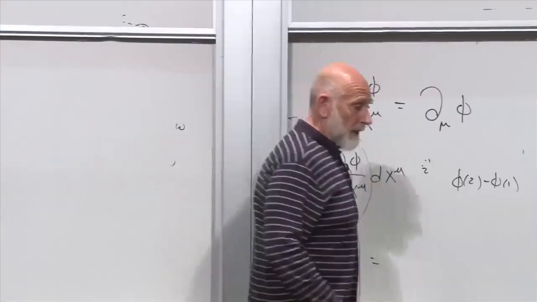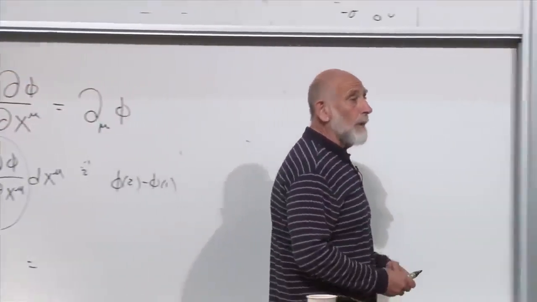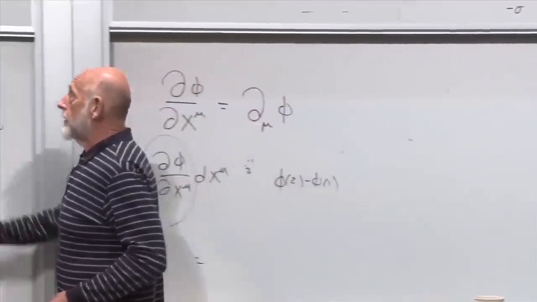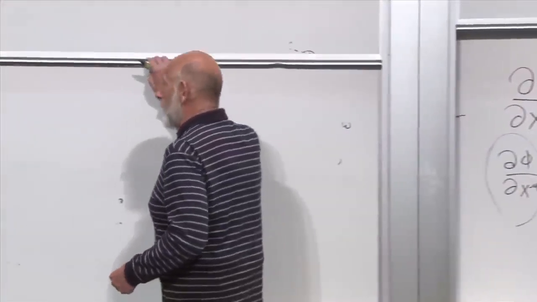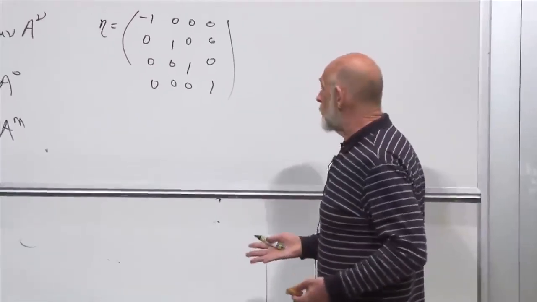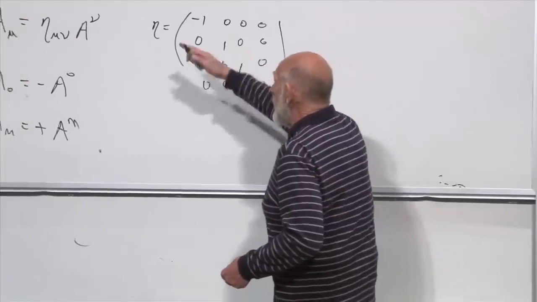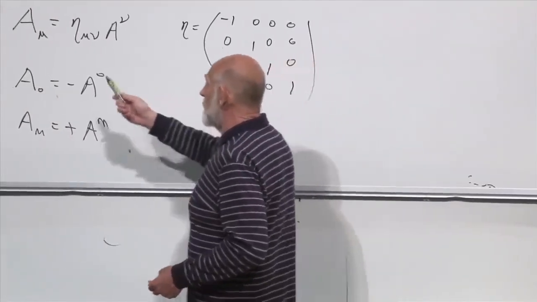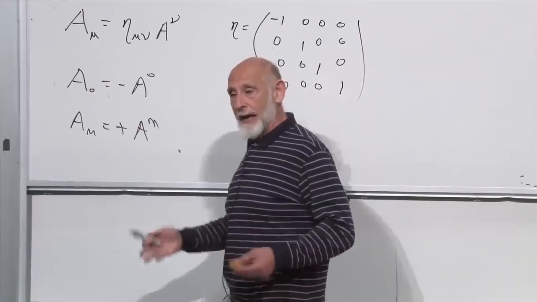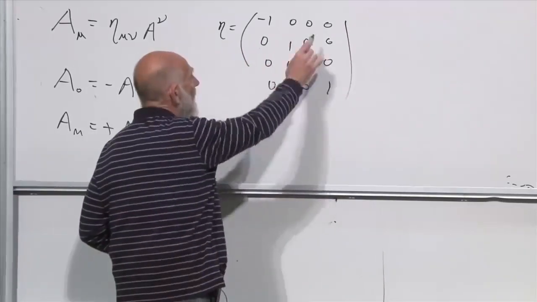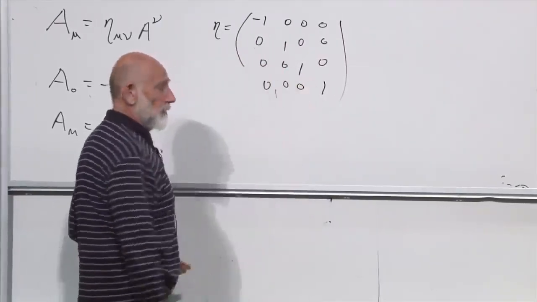Everything I'm saying, incidentally, would also be true about 3 vectors. The only thing that you have to remember about 3 vectors is if we're thinking in a purely 3-dimensional language, not 4-dimensional, everything is the same except wherever you see mu's and nu's, put m's and n's, and the eta matrix is just the unit matrix.